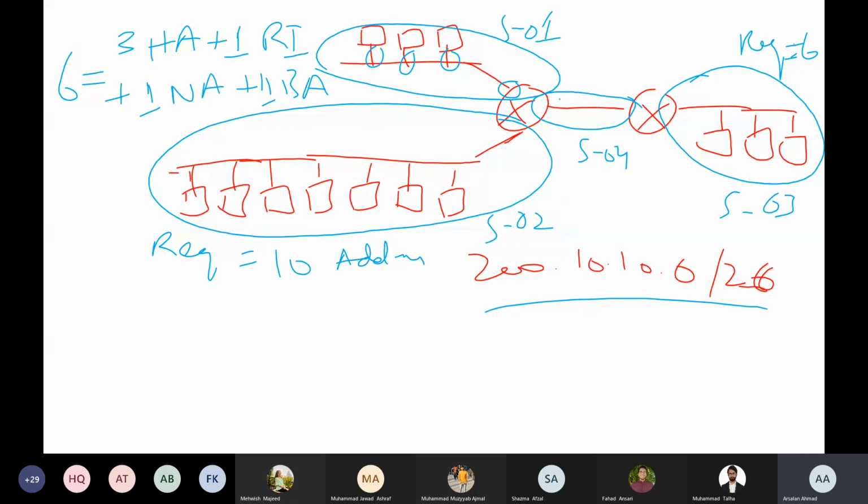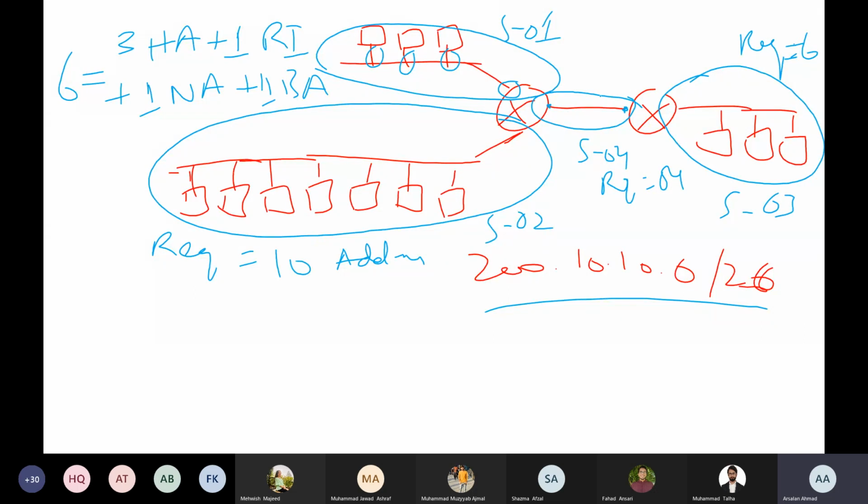Even this point to point link of the router, only 2 addresses is not correct. So even in this case the requirement is 4, right? One address for this interface of the router, one address for this interface of the router, and one address for the broadcast and one address for the network. Okay, it may seem weird, but that is the case.